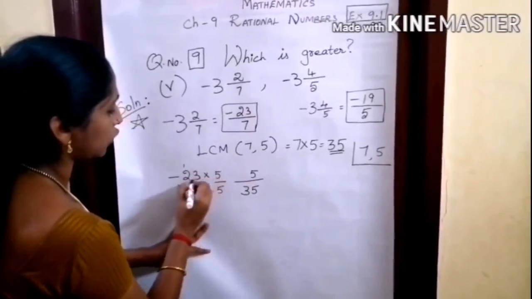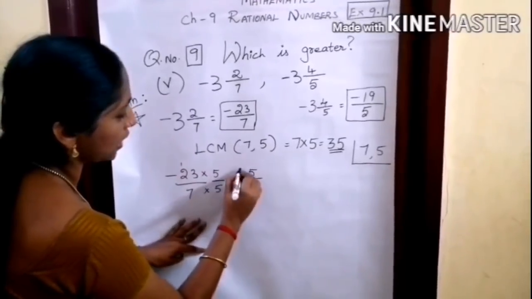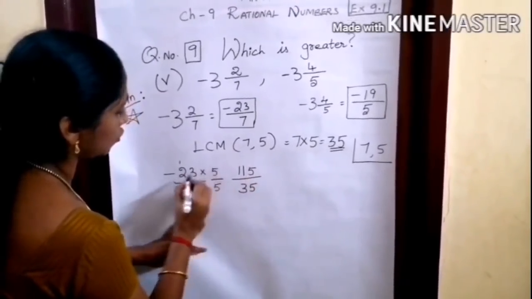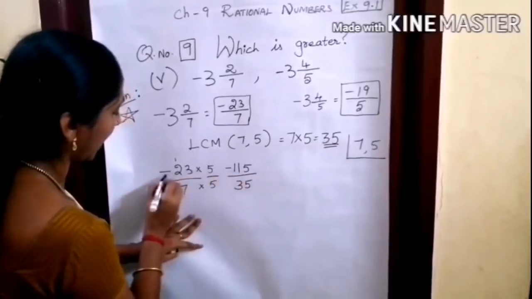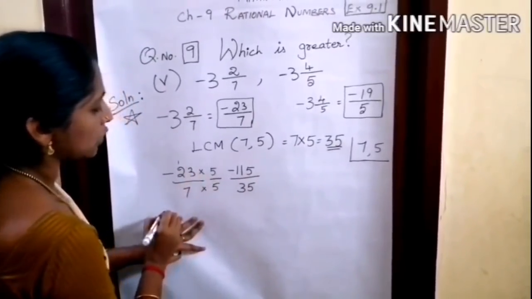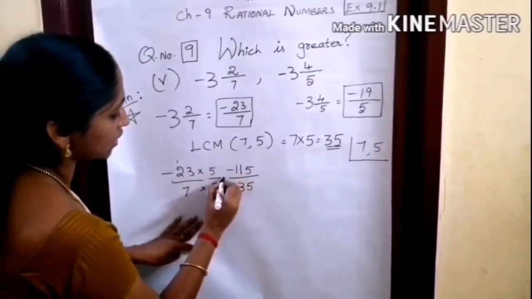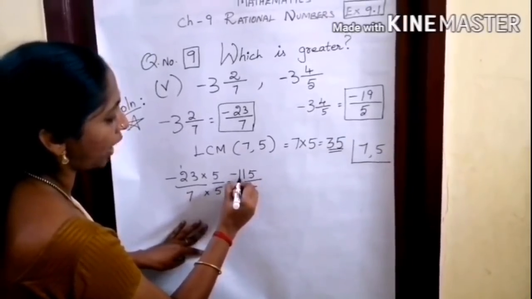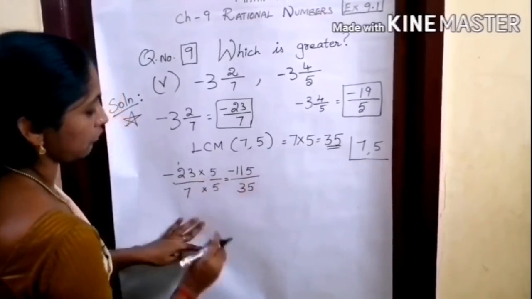Balance 1. 5 2s are 10. 10 plus 1, 11. Negative. If you multiply a negative number with a positive number, the answer is a negative number. So minus 115 by 35.